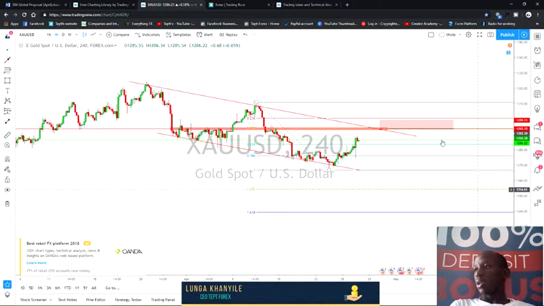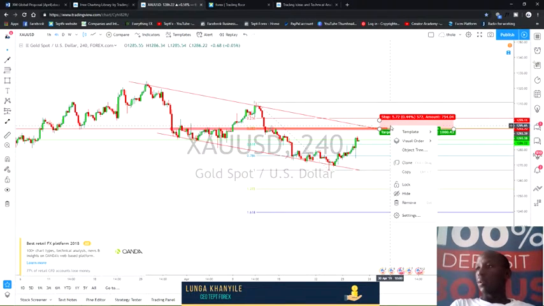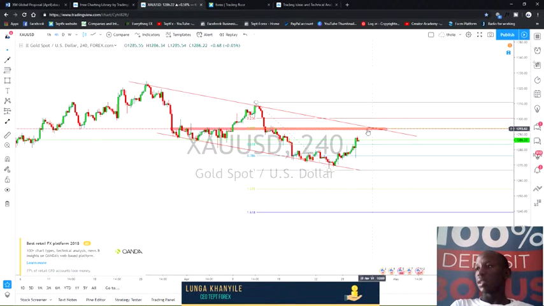So we have to pay attention on that area right there and see if we do get any bearish confirmation candle right there to take advantage of this trade.